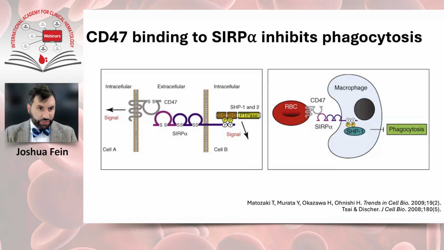It has 3 immunoglobulin-like domains extracellularly, and when CD47 binds to SIRP-alpha, this leads to the phosphorylation of 2 immunoreceptor tyrosine-based inhibitory motifs, or ITIMs, on its cytoplasmic end, and that ends up recruiting phosphatases, SHP1 and SHP2. Those interfere with myosin assembly.